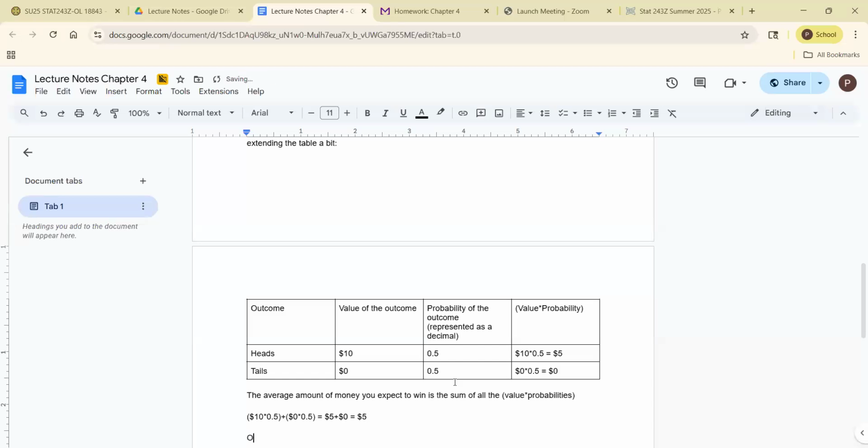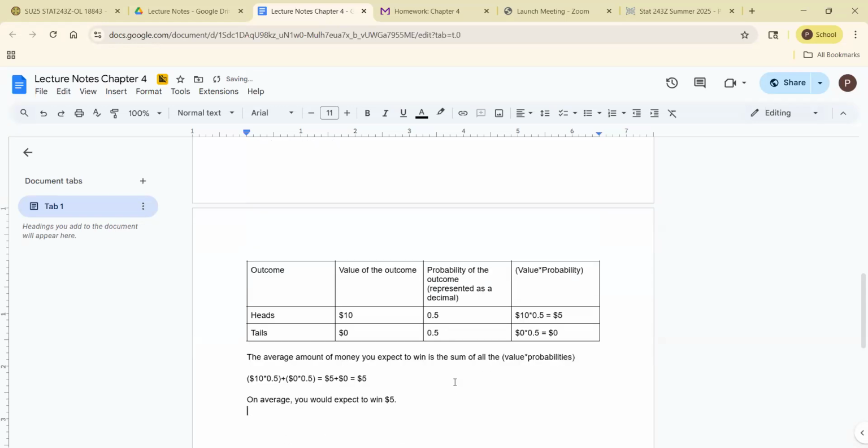So on average, you would expect to win $5. But notice, this is an important piece of a probability distribution, figuring out on average what you expect the value of this probability distribution to be.